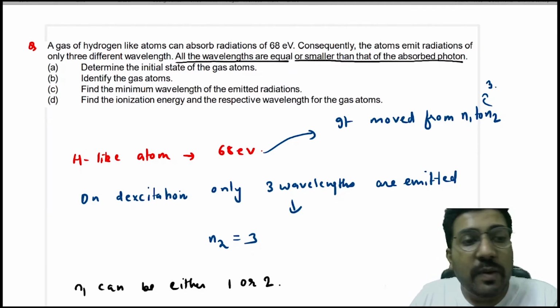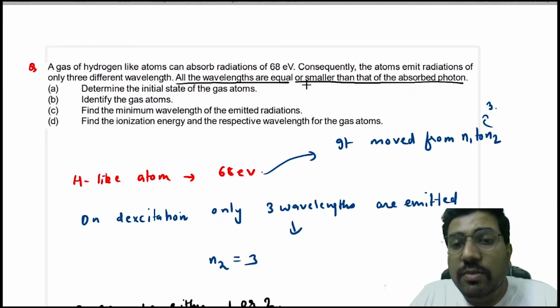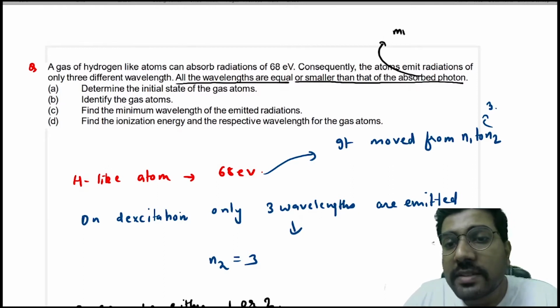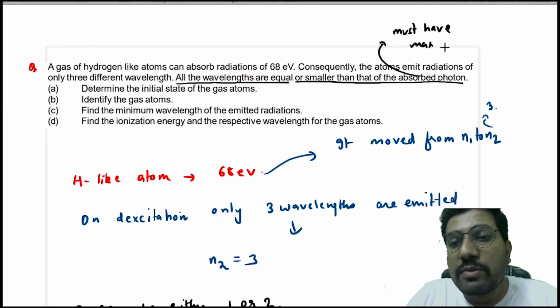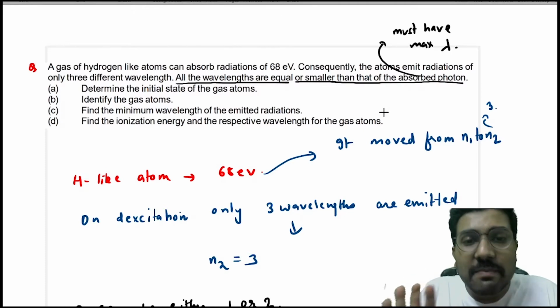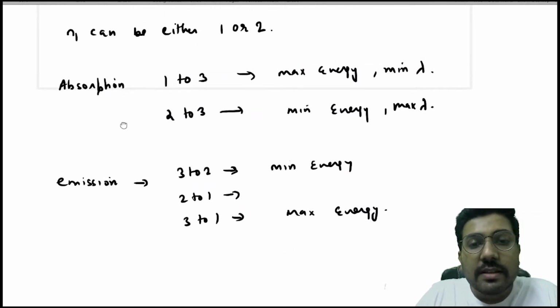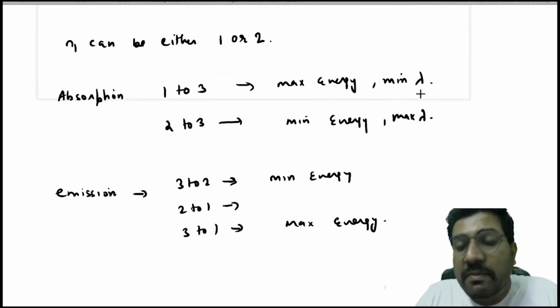So from this, what are you getting? See, wavelengths are equal to or smaller than that of the absorbed photon. That means the absorbed photon must have maximum wavelength. Now if the absorbed photon has maximum wavelength, that means it has to be 2 to 3, because 1 to 3 will have minimum wavelength, right?